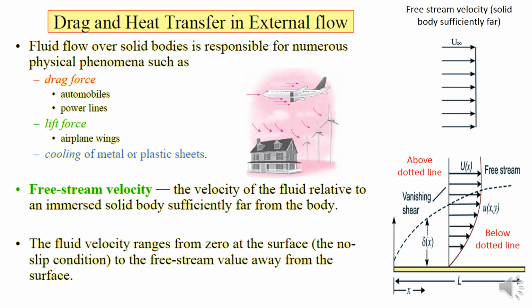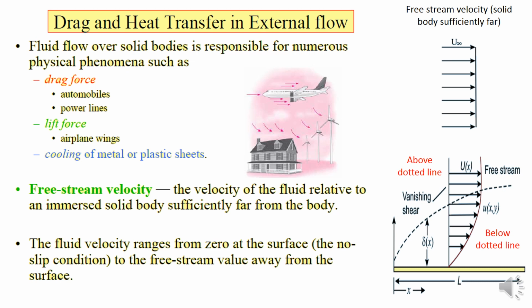And the next one, the fluid velocity ranges from 0 at the surface, the no slip condition, to the free stream value away from the surface. As you can see on your right hand side, bottom figure, the dotted line is the separation line between the variation of velocity and the free stream velocity.